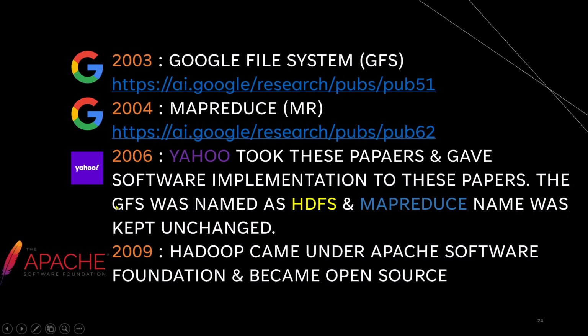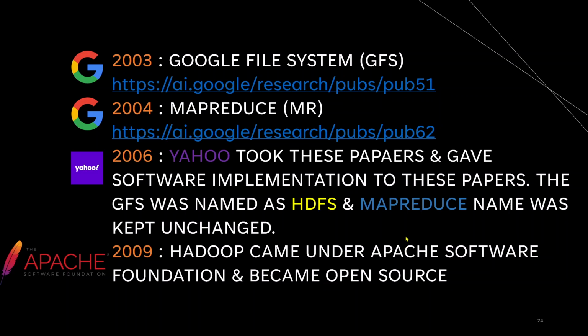They renamed the Google File System, GFS, to HDFS, Hadoop Distributed File System, and MapReduce kept its name unchanged. In 2009 Hadoop came under the Apache Software Foundation and became open source.